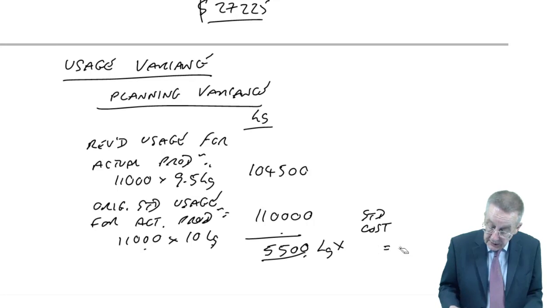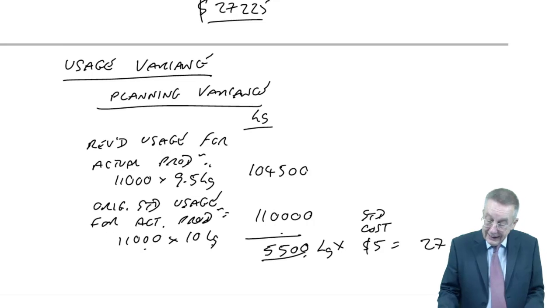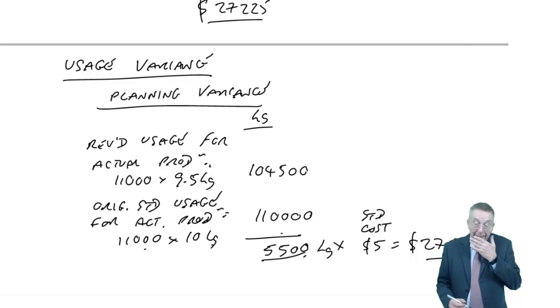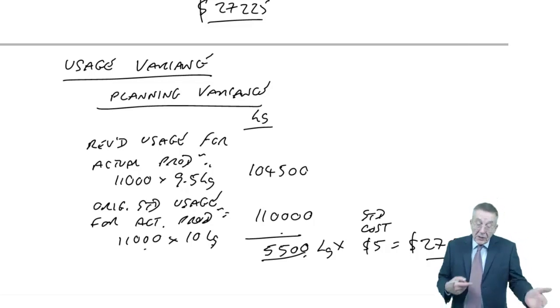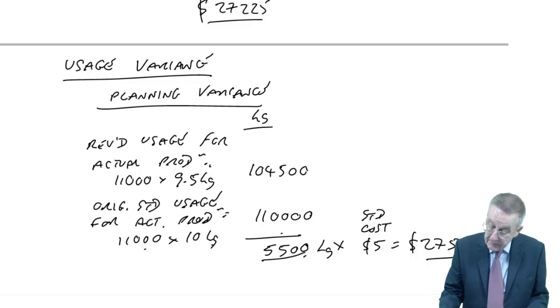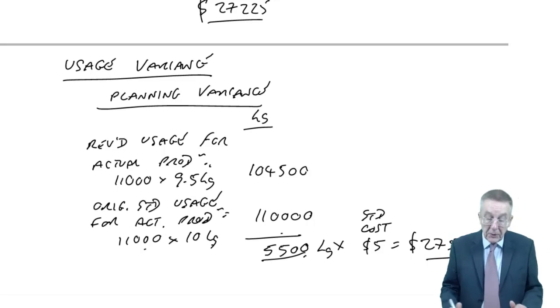Sorry, the standard cost was $5. Favourable or adverse? Yeah, the revised was less than we originally were budgeting on, so it's favourable.